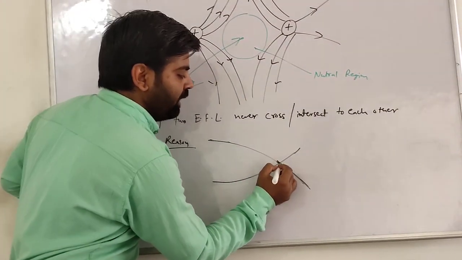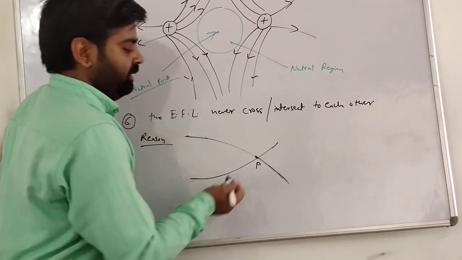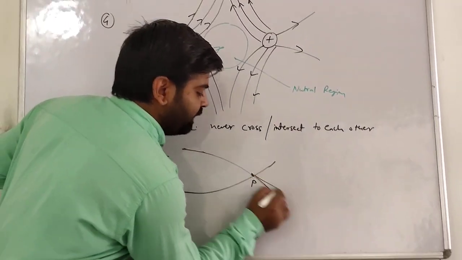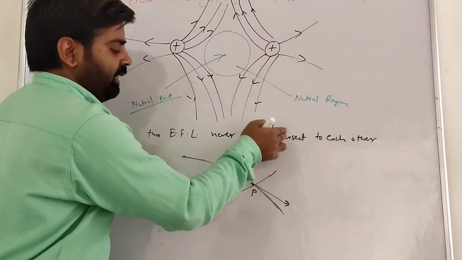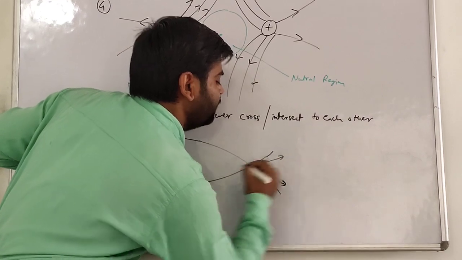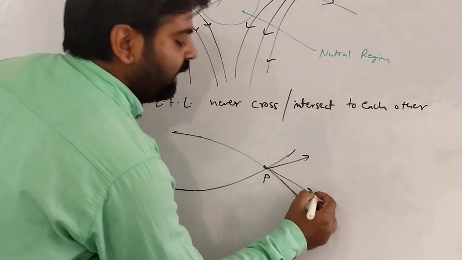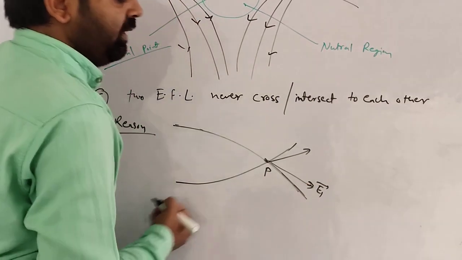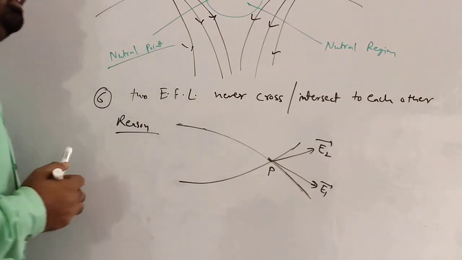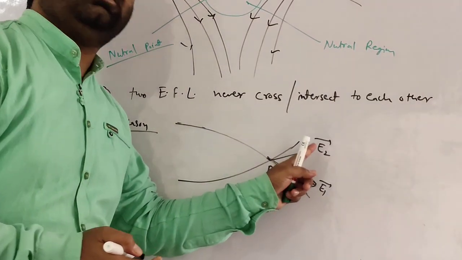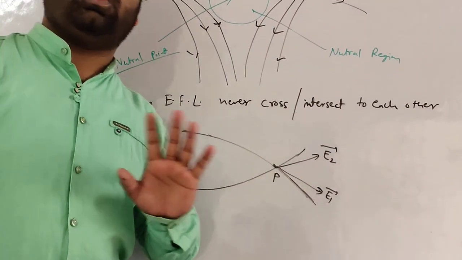If they cross at a point P, then at P, if we draw a tangent, according to this electric field line the tangent is in this direction, and according to the other electric field line the tangent is in this direction. So this field line gives the electric field intensity E1 vector, and this one gives E2 vector, and at a single point there are two electric field intensities, which is not possible. So two electric field lines never cross each other.